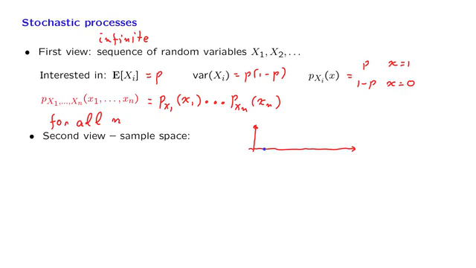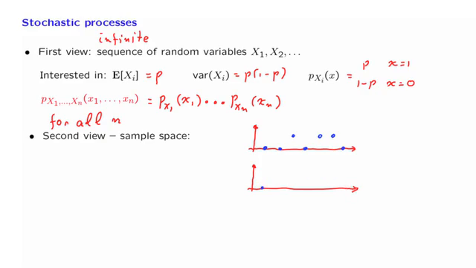For the Bernoulli process, we might get a 0, 0, 1, 0, 1, 1, 0, and so on, and we continue. So an infinite sequence of that kind is one possible outcome of this infinitely long experiment, one particular outcome of the stochastic process. If we carry out the process once more, we might get a different outcome.